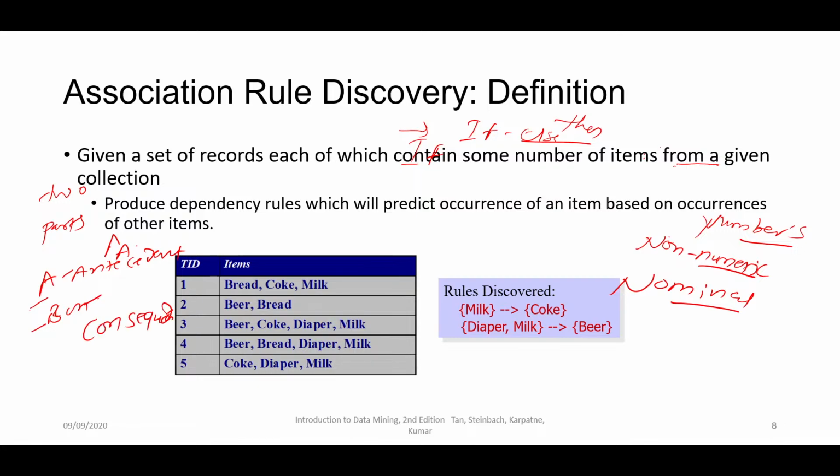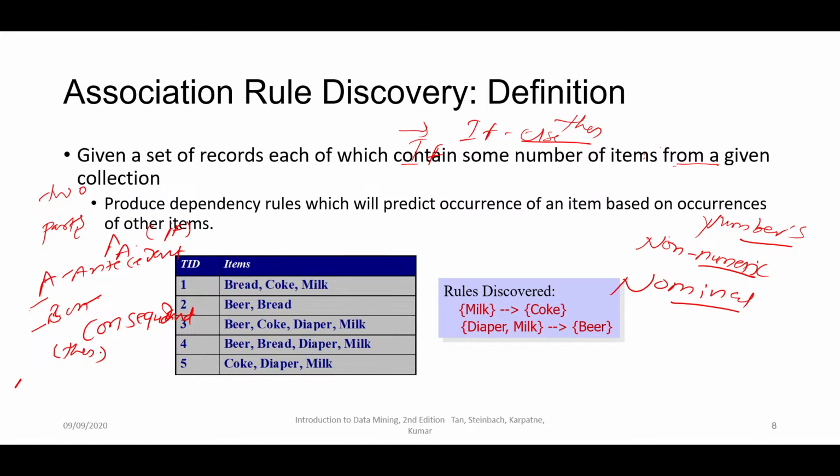Antecedent means if, A means if, and B means then. In every case we have these two major parts in association rules.